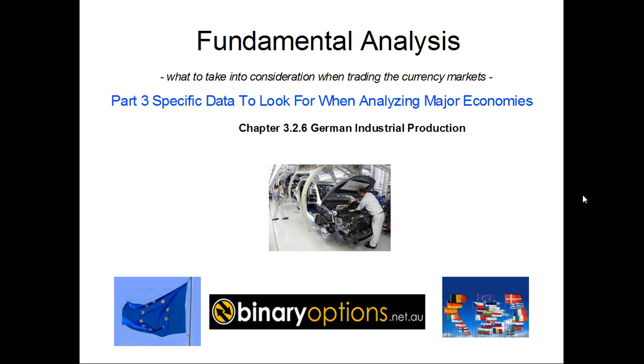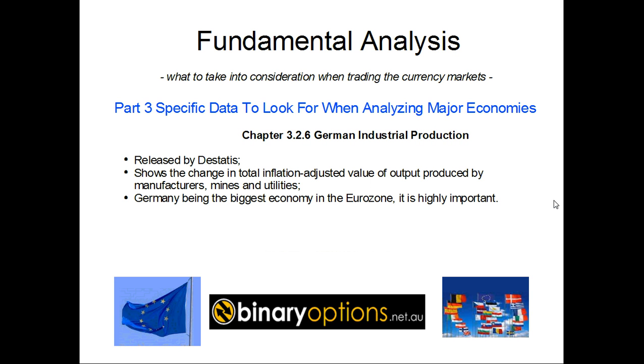The industrial production shows the change in total inflation adjusted value of output produced by manufacturers, mines, and utilities, and it is released by Destatis, being another institute for statistics in Europe.